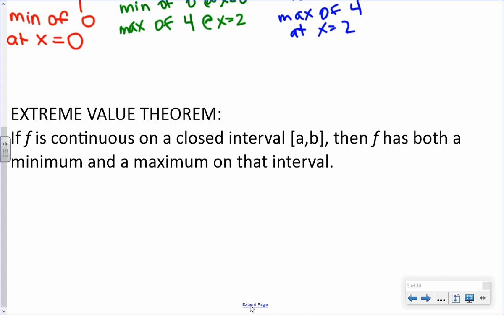Okay. Now, before we get into the steps of how we're going to figure out extrema on a closed interval, let me give you a couple of pictures. Okay. So we saw this picture right here, where basically the endpoints were our highest and lowest point.